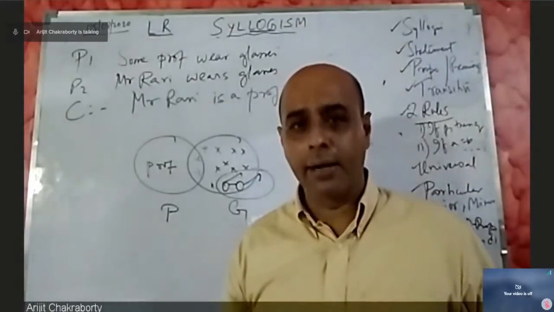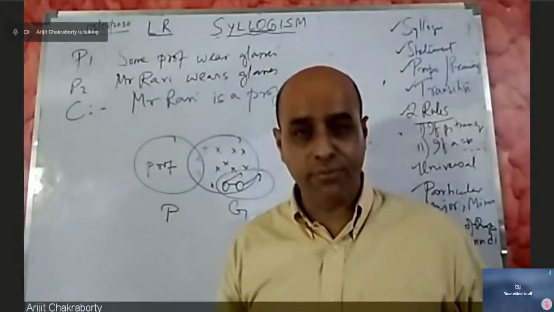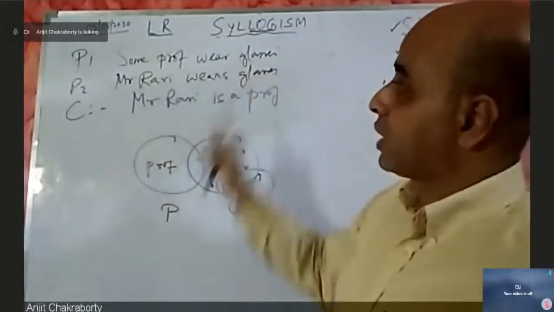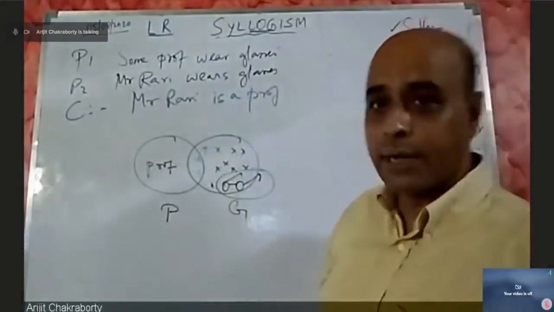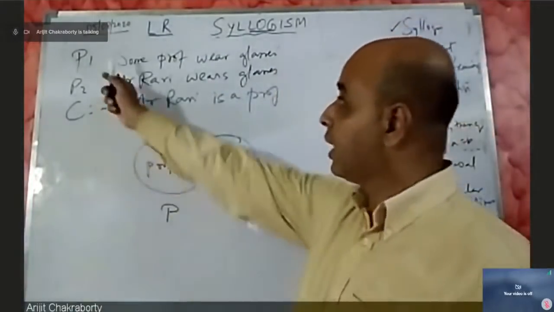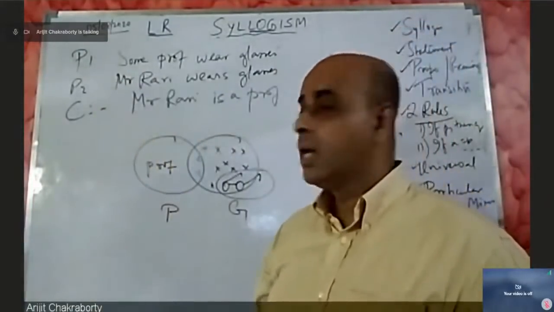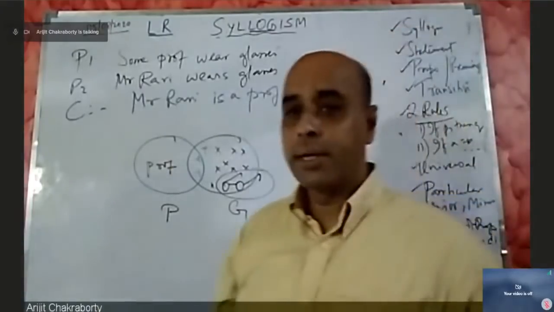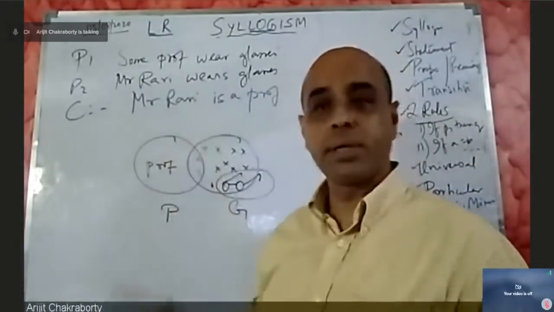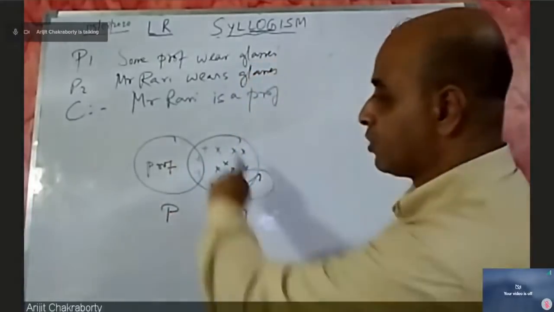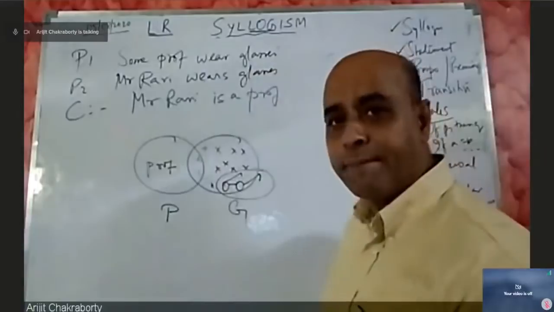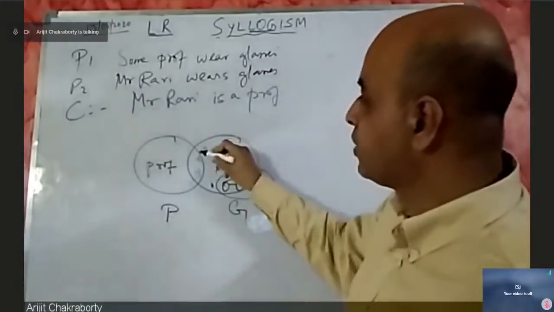It's not clear. It is not conclusive. Some professors wear glasses. Had it been all professors wear glasses, it would maybe be different. But here the idea is some professors wear glasses. Mr. Ravi wears glasses. Therefore, Mr. Ravi is a professor. No, it does not follow naturally. Why? From the Venn diagram also it is not coming. Mr. Ravi could be here.